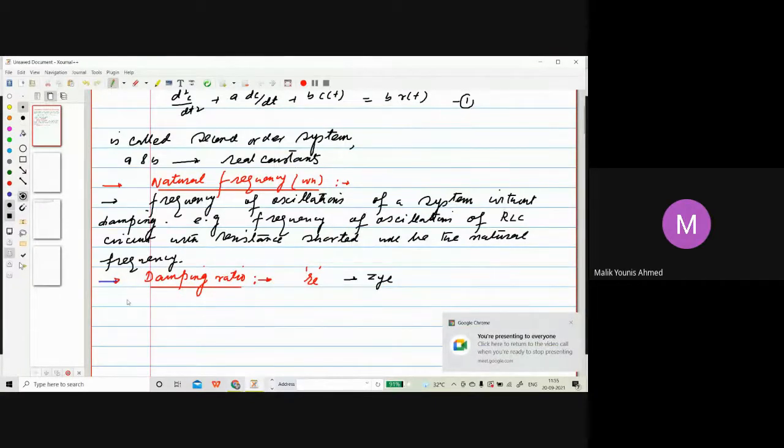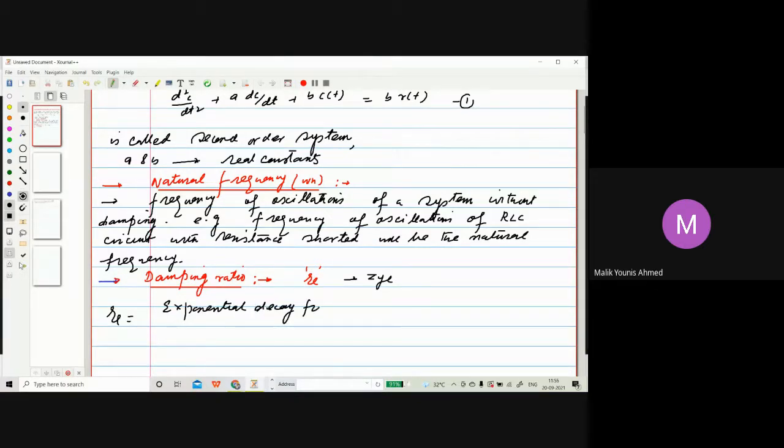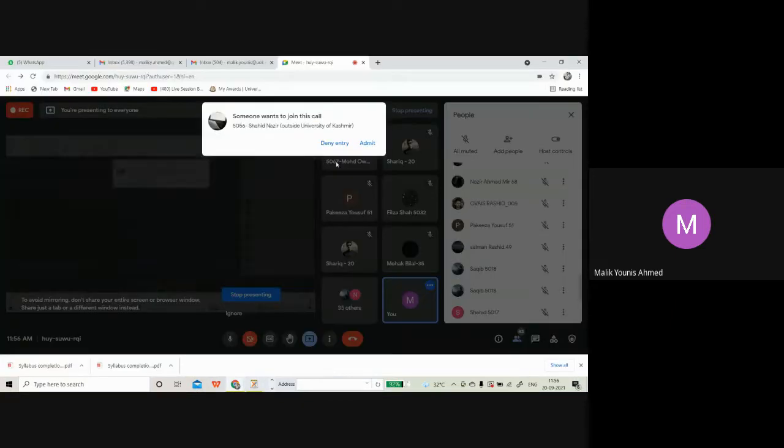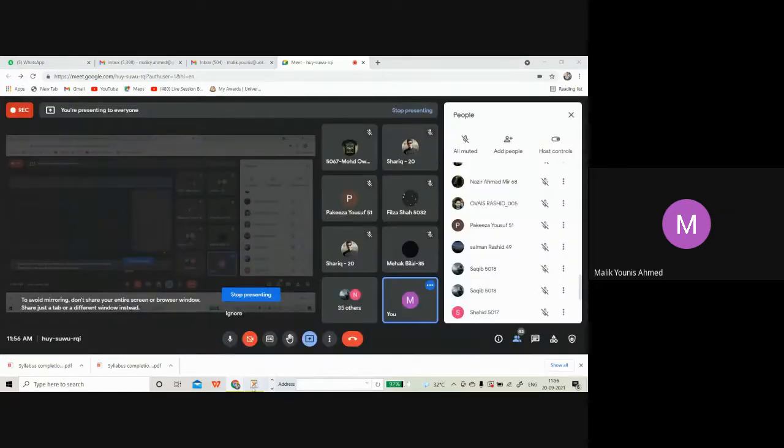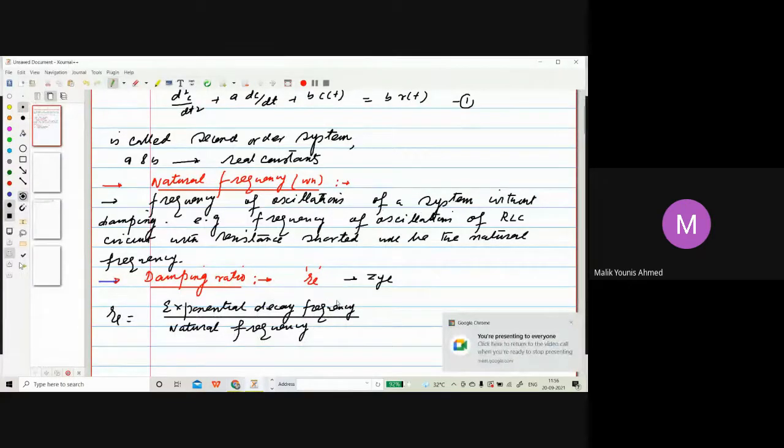We define xi as the ratio of the exponential decay frequency divided by the natural frequency. The natural frequency is in radians per second.